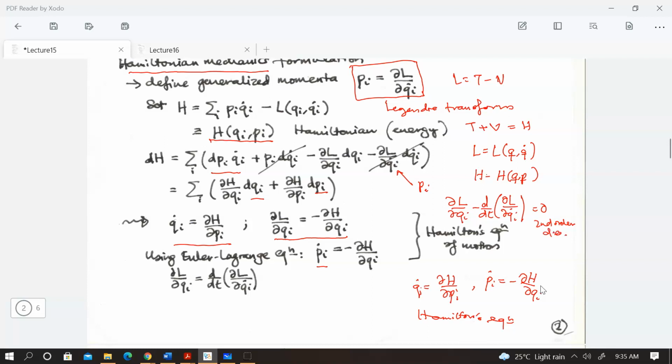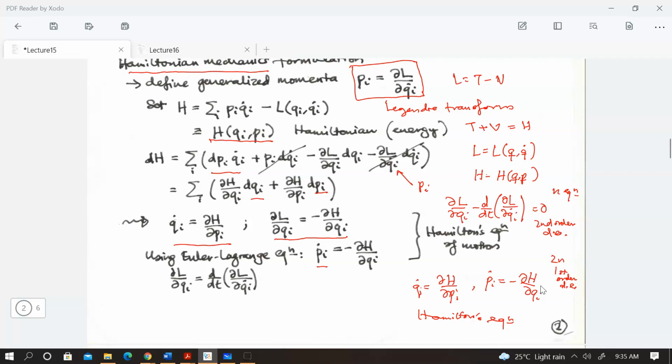Over here, this equation gets converted to Hamilton's equation, which is really a first order DE, but the number of equations now increases. Let's say these are n equations, n second order DE. Over here will be 2n first order DE.